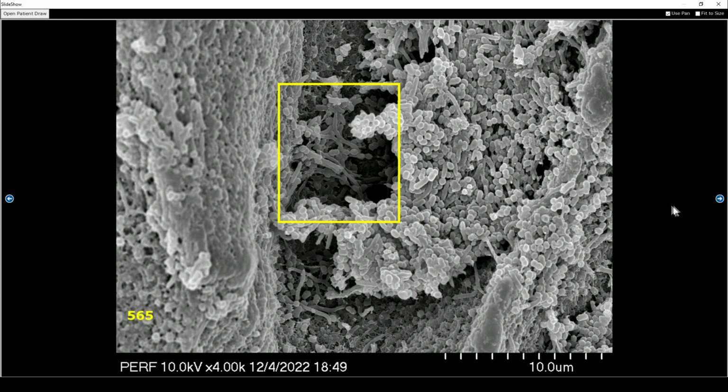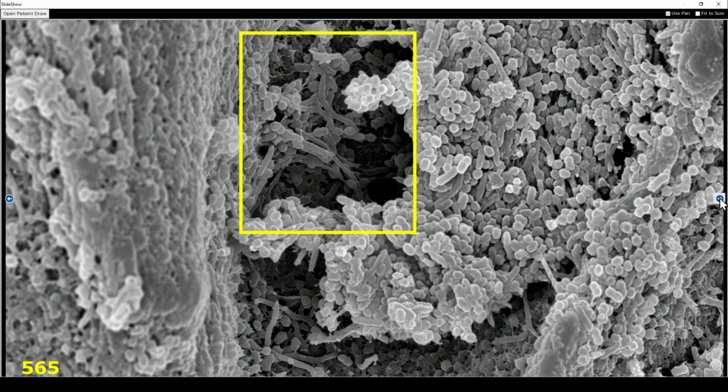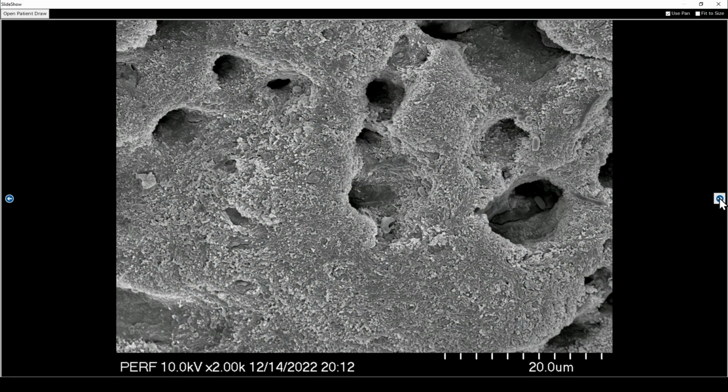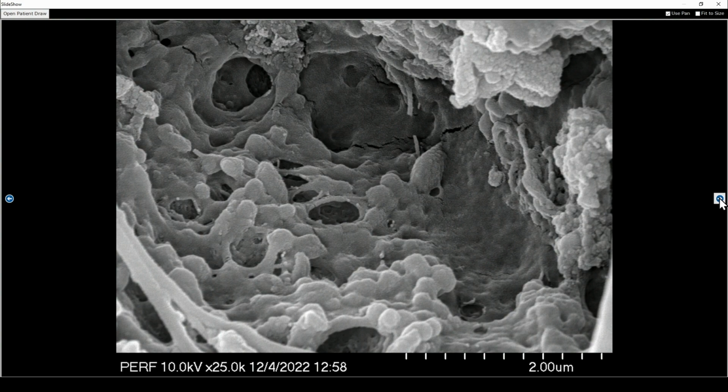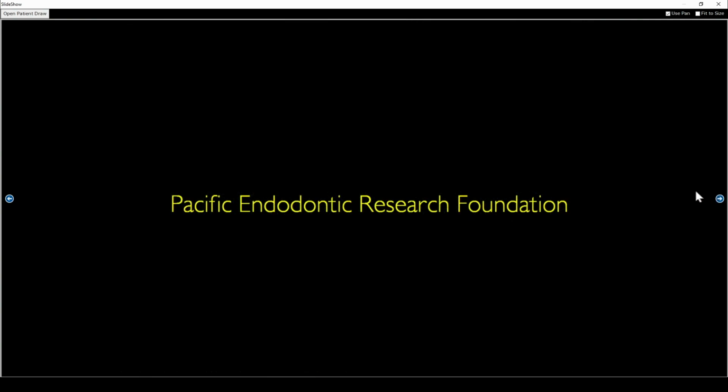You don't really see any calcospheroids. And then when you look carefully, you can see all kinds of bacteria, basically everywhere on the specimen, inside the specimen, in all locations in this EPS matrix. So I hope that was helpful to you in starting to train your eye to see the pattern recognition.